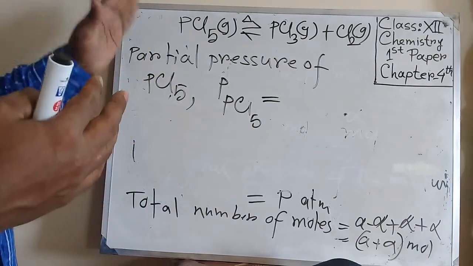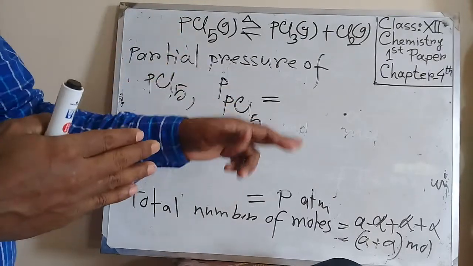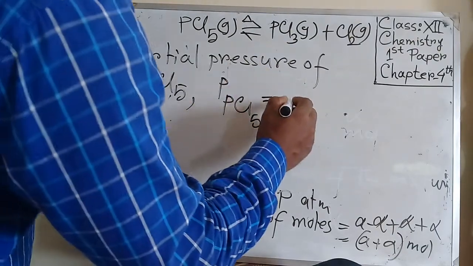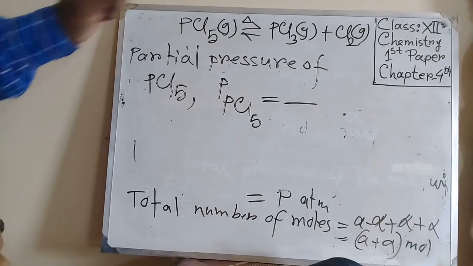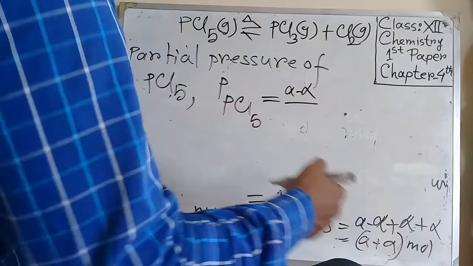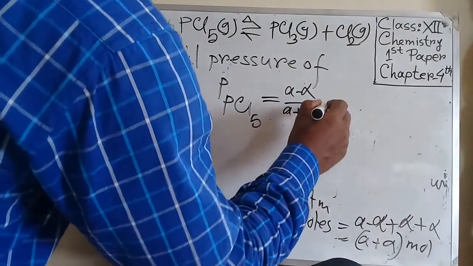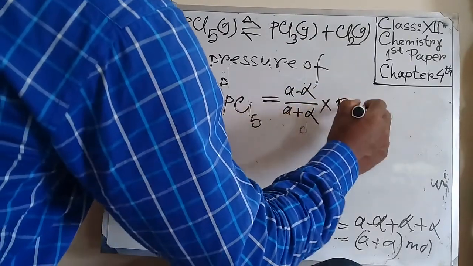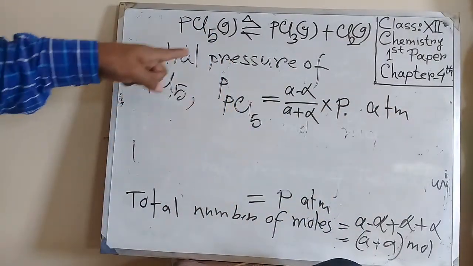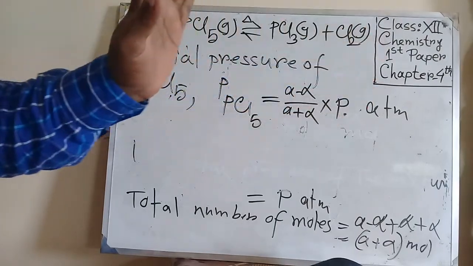Mole fraction is the number of moles of any compound or reactant divided by the total moles of the mixture. So what was the mole of phosphorus pentachloride? It was A minus alpha. And the total number of moles was A plus alpha, and we need to multiply by P atmosphere. This is the unit. So we have got the partial pressure of phosphorus pentachloride: A minus alpha divided by A plus alpha into P atmosphere.